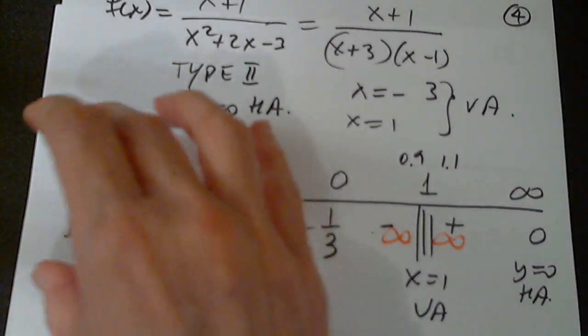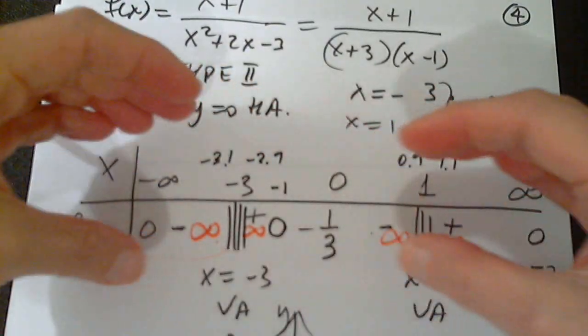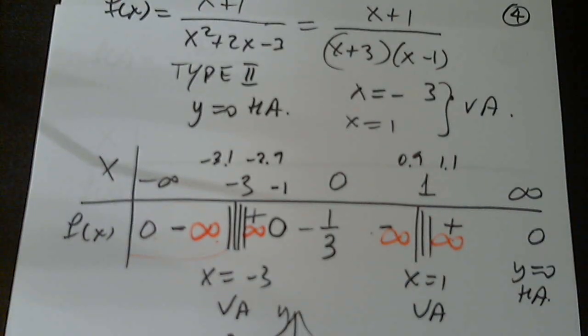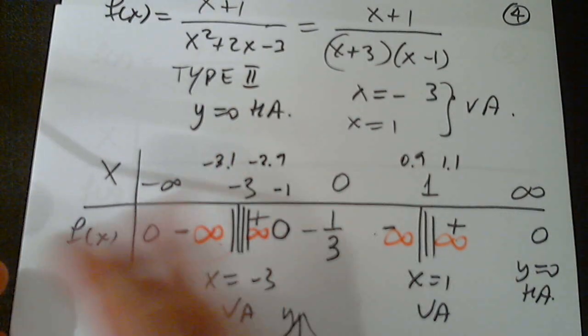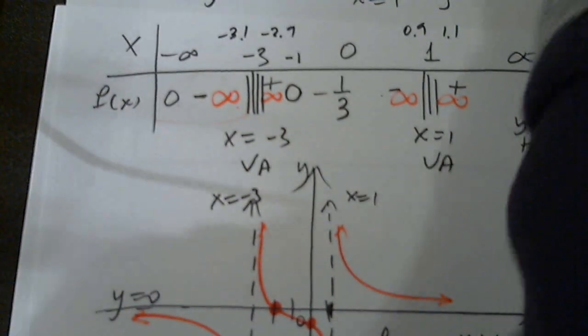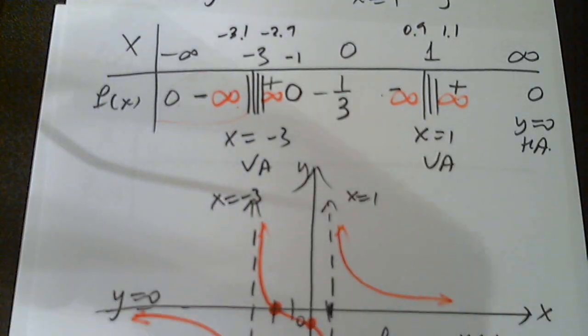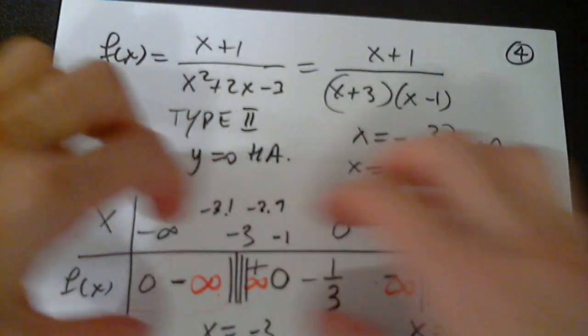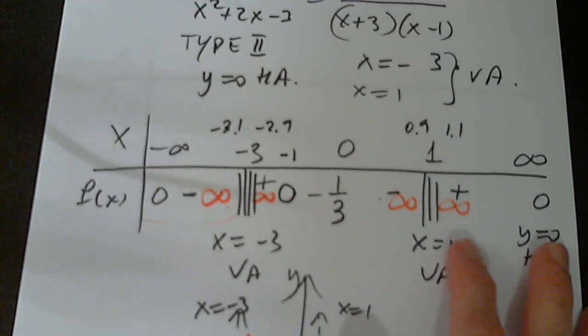Only if I summarize everything condensed in this tiny table can I convert it into the graph. If I have all this information on 7 pages, I will not be able to come up with the graph. I will have to get the graphing calculator and cheat and copy from it. But once you have all this information summarized in the table, it's very clear.